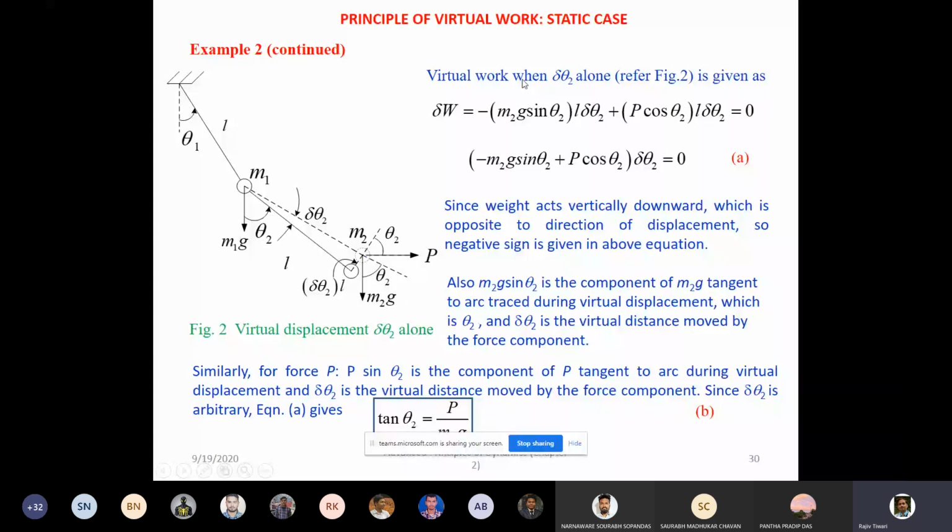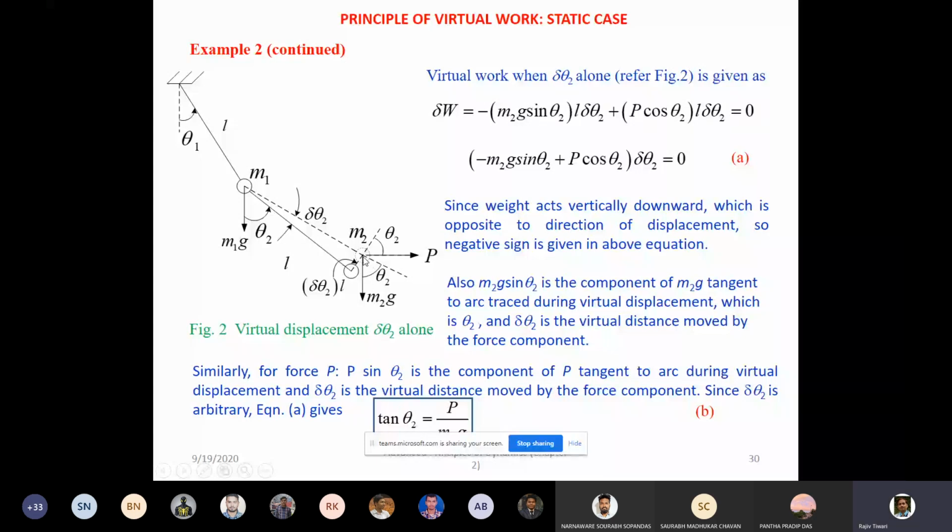So the virtual work, when we are giving the virtual displacement theta 2 alone, is given by the following. The displacement is perpendicular to the link, because theta 2 gives a circular motion to the mass. So the component of the weight along the direction of the arc will be m2g sine theta 2, the force component in the direction of the arc.